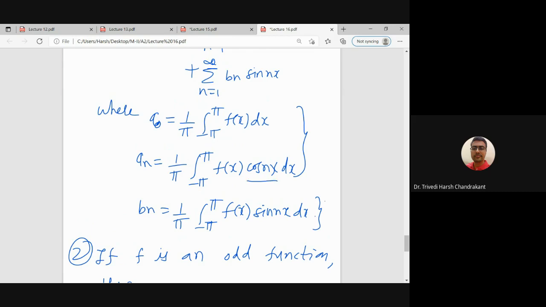We know that cosine function is an even function and sine function is an odd function, right? So if f is odd, then which of these integrals will be 0? If f is odd, then odd into even is an odd function, right?